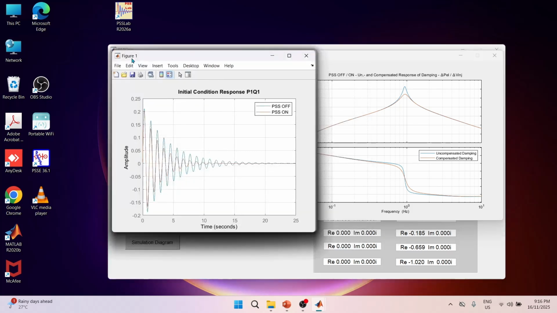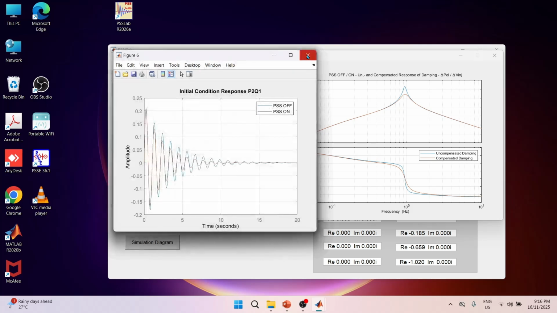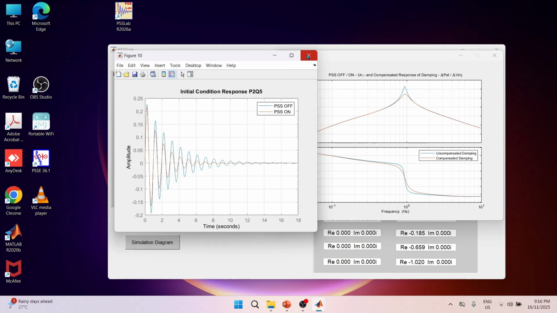The figure 1 is the response on initial conditions for P1 Q1 operating point. And we can check out also for other operating points, such as P1 Q2, P1 Q3, and so on until P2 Q5.